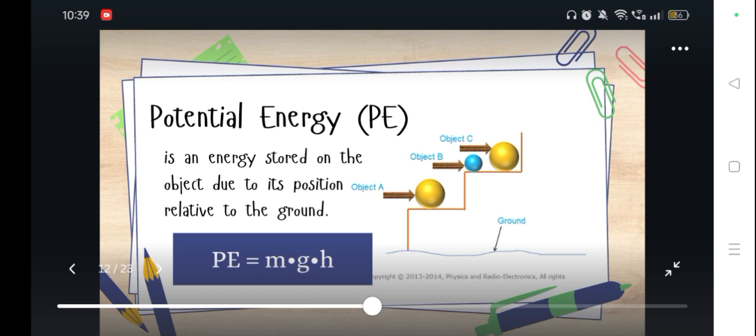Or in our classroom, for instruction purposes, we are using 10 meters per second squared. So mass times the acceleration due to gravity times the height of the object. So if you're going to multiply them, you will get the value of potential energy.